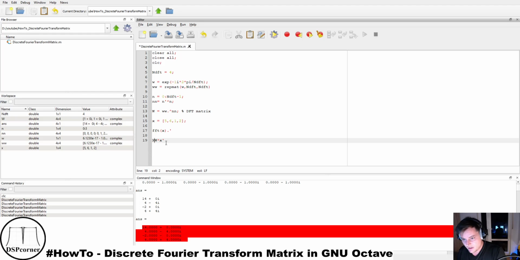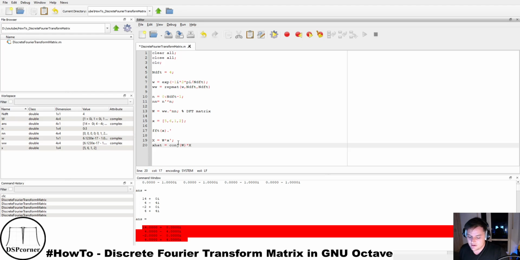Let's store the output here in X capital letters. And now we want to generate our original X. Let's call it X hat. And therefore we just take the conjugate of our matrix W and multiply it with X. And in this case we need a normalization factor.